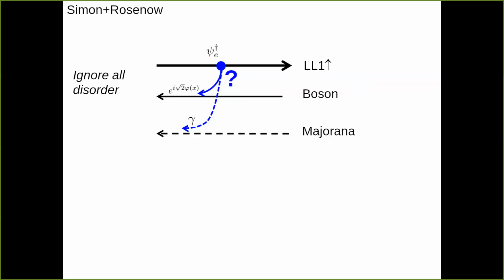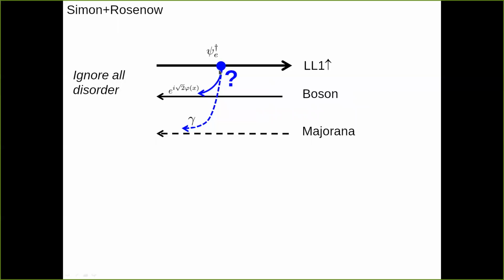So the mechanism is like this. We want to study the backscattering of an electron into the Bose and Majorana mode. We start by ignoring all of the disorder and asking, can backscattering occur? The answer is that backscattering cannot occur, because in a magnetic field, x displacement in one direction is a momentum displacement in the perpendicular direction.